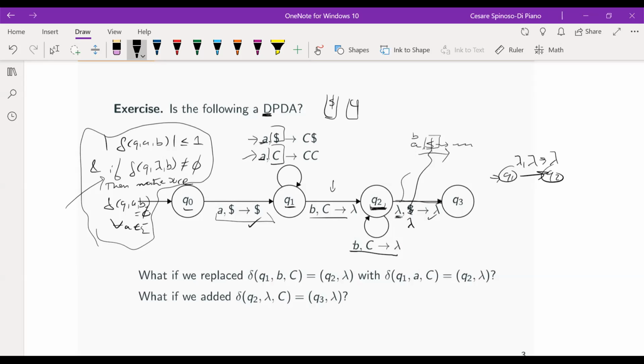So we're comparing just our current state with the forward state, right? Yes. It's not our current state with the previous state. Yes, exactly. So this wouldn't hurt. This would still be a DPDA with redundant. Okay. Thank you. Good question.